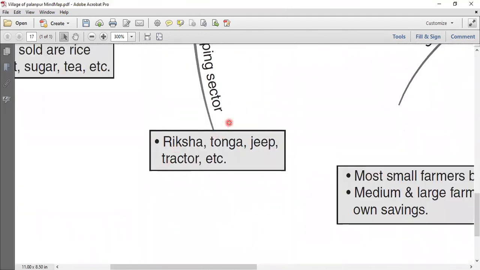We had seen an example where, I forgot the name of the villager, he got a bullock cart. He had a bullock, which used to help in the farming, and as a bullock cart, they used to even use the bullock to transport them from one place to another. So transportation is a non-farm activity that is practiced in Palampur.